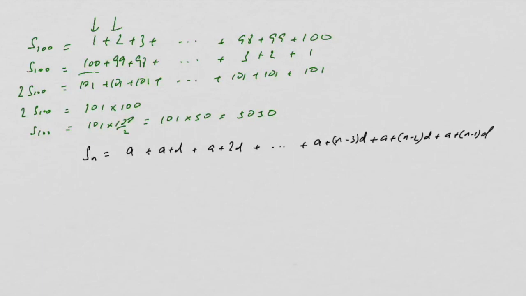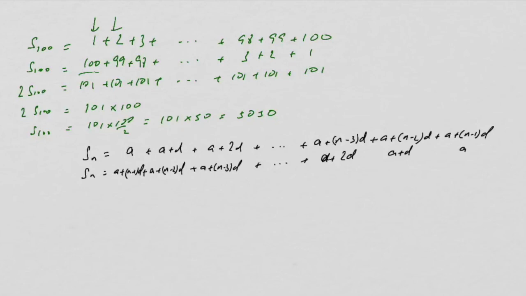Now I'm doing it the same way as I did in green. You don't necessarily have to have as many of those written out yourselves, but it links it to the numerical version above. So if we now write that backwards, we get a plus d, a plus 2d, and so on, a plus n minus 3d, a plus n minus 2d, and a plus n minus 1d.